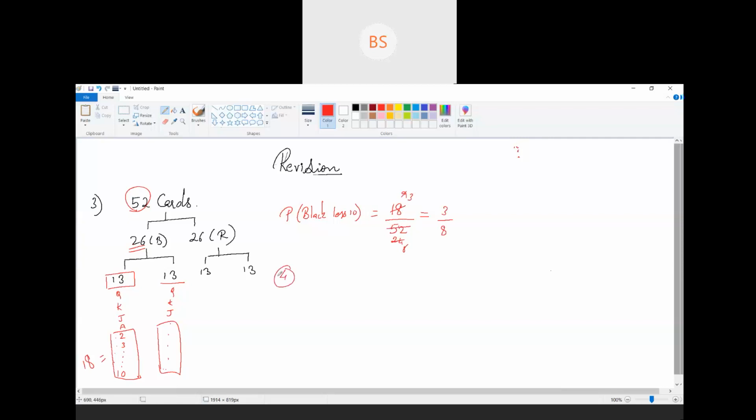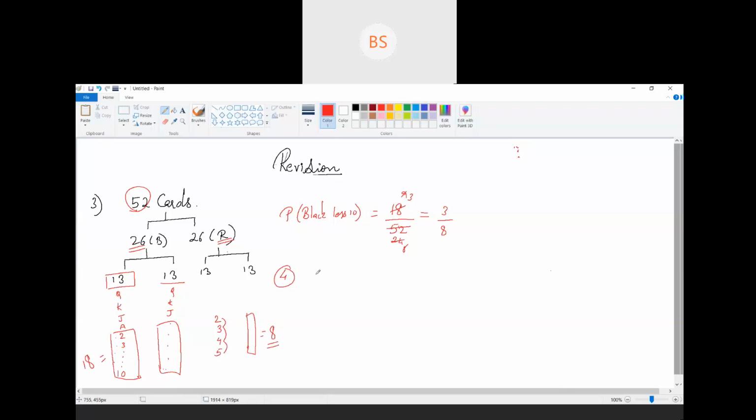Similarly, the fourth question is also similar to this. Here they have said find the probability of a red card but less than 5. Now red cards are 26. Which numbers are less than 5? 2, 3, and 4. So there are 3 cards. In the second set also I'll have 3 cards. So total here it will be 6 cards.